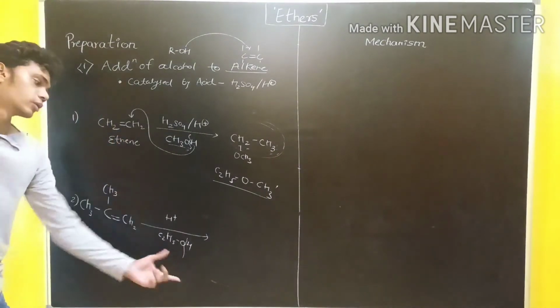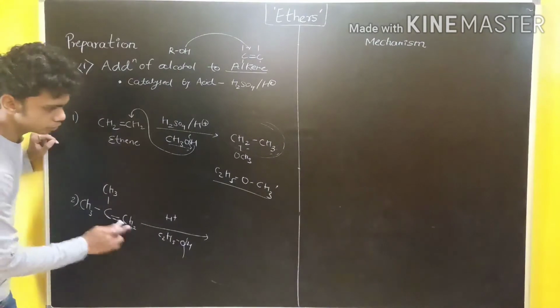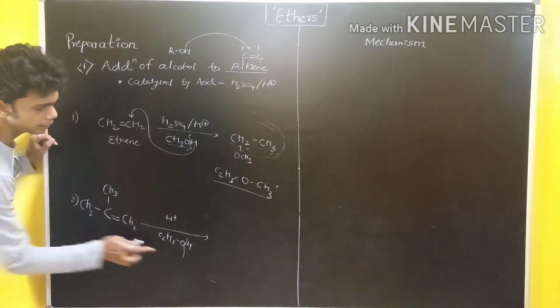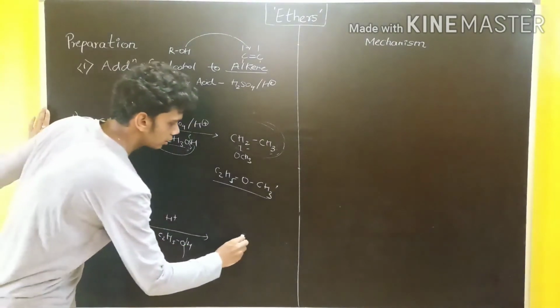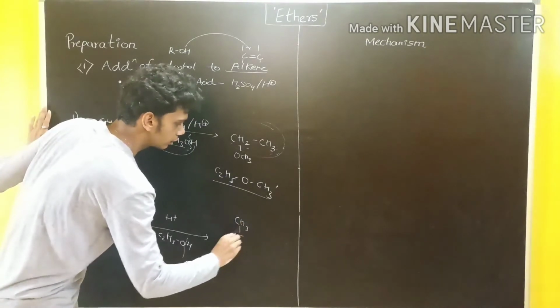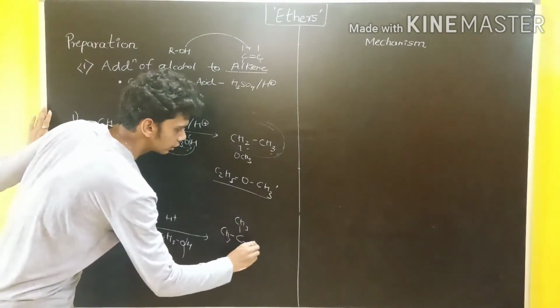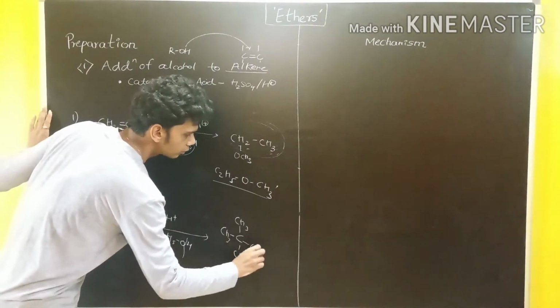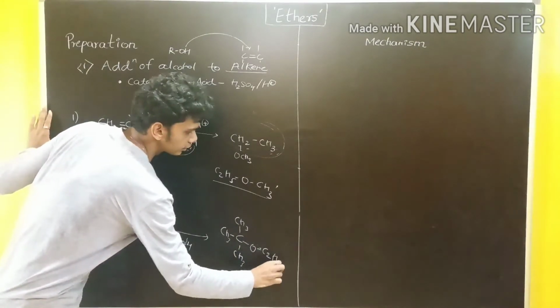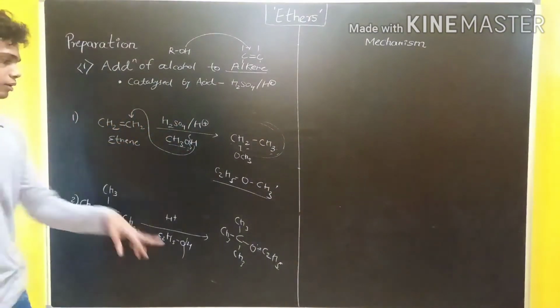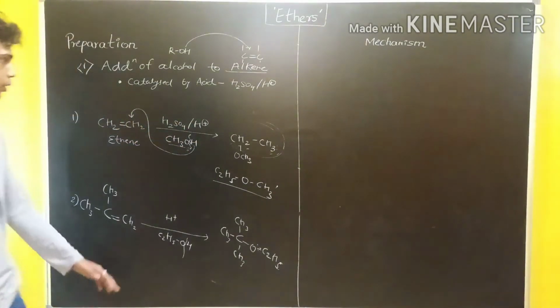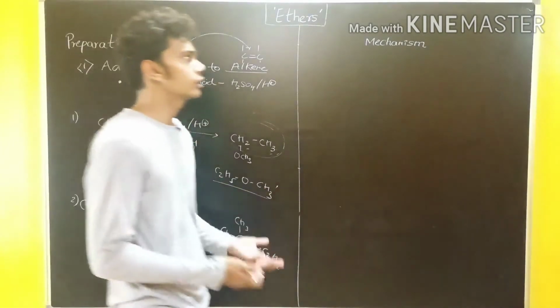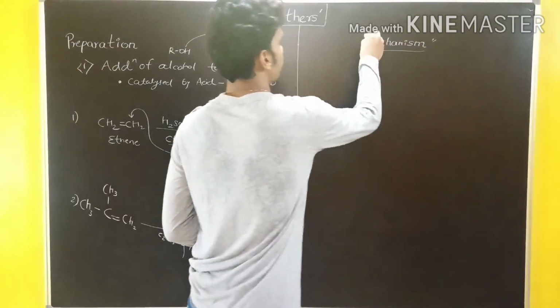Break it down into two parts: CH2 will get H, and the one remaining part is attached here. So C, CH3, CH3, CH3, and I can write here CH3 and O, C2H5. This is your product.